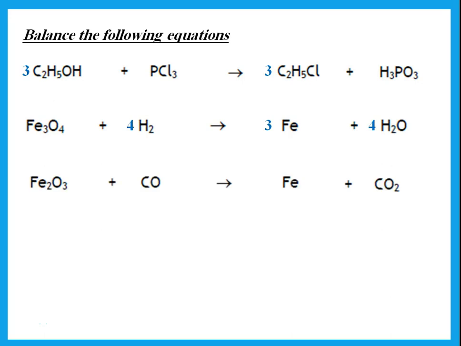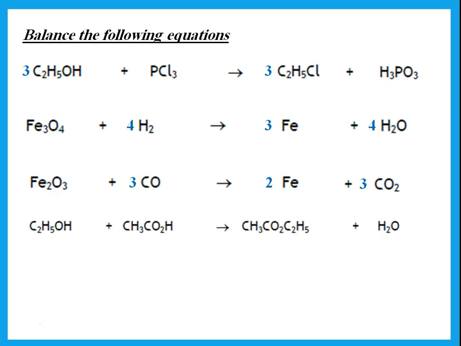Okay. 2 iron before the arrow, 2 iron after the arrow. I have 3 and 1 oxygen, that's 4 oxygen, so I need to put a number in front of the carbon, but then I will find that in order to balance them, I need 3 here and 3 here. That way, before the arrow, I will have 3 and 3, that's 6 oxygens, and after the arrow, it's 2 times 3 oxygens.